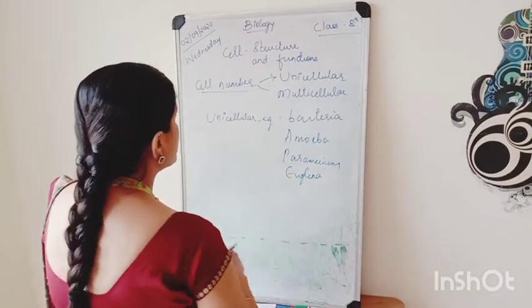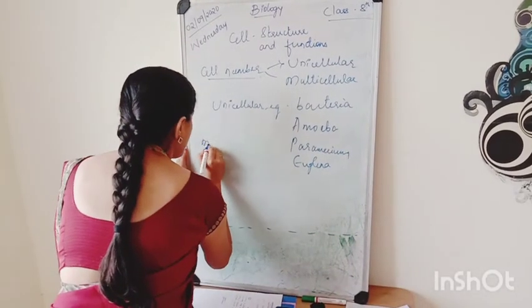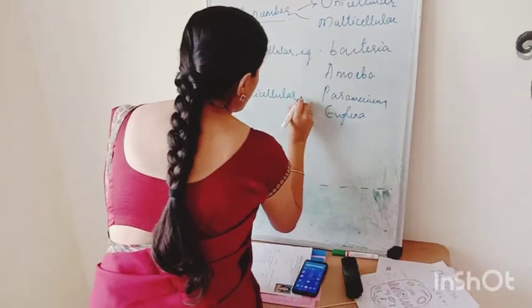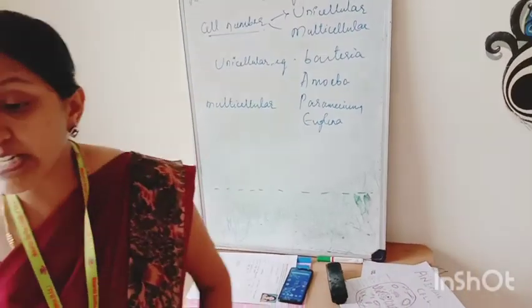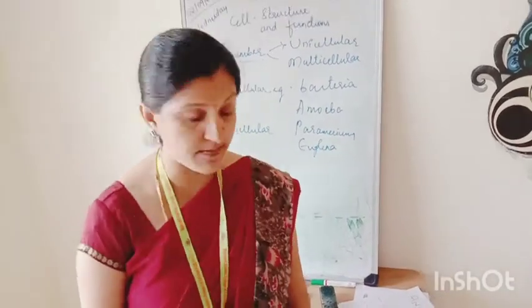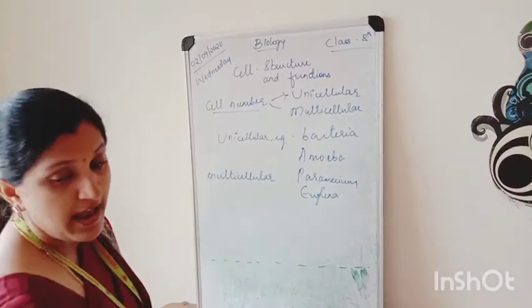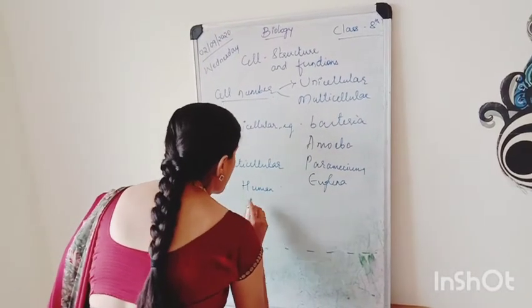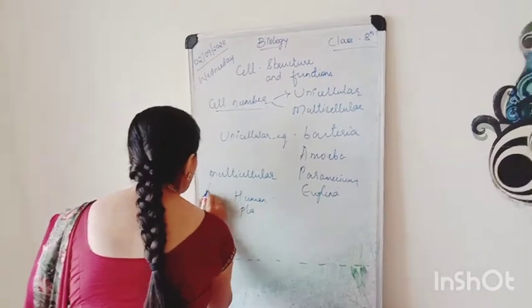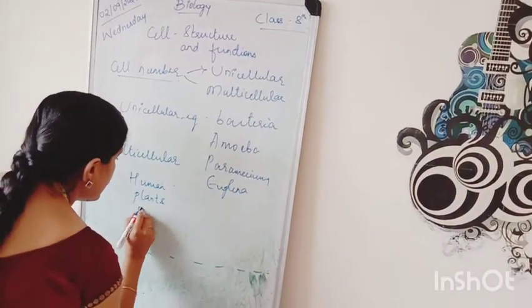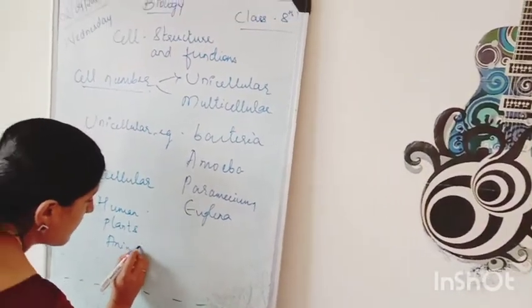Then coming to multicellular. The ones which have more than one cell are multicellular organisms. Multicellular examples: human beings, plants, animals, insects.